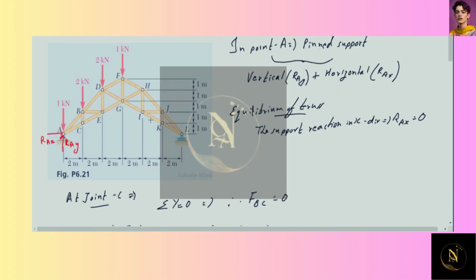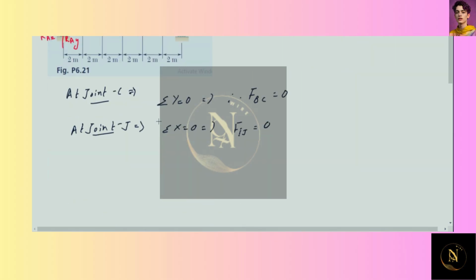At point J you can see HJ is collinear to JL, so the FIJ will be a zero force member.